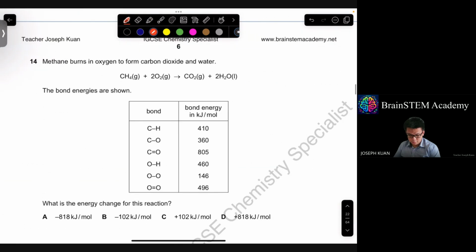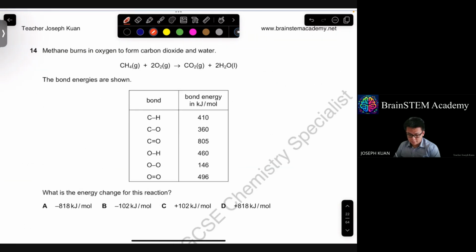Moving on. Methane burns in oxygen to form carbon dioxide and water. The bond energies are shown. What is the energy change for this reaction? So 4 C-H bonds in the methane get broken. 2 O=O double bonds, their bonds get broken.